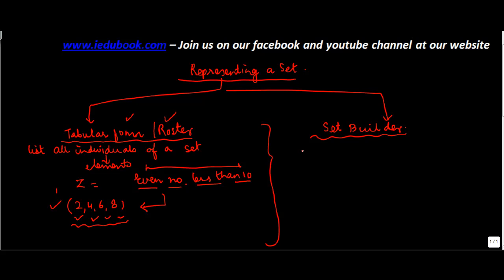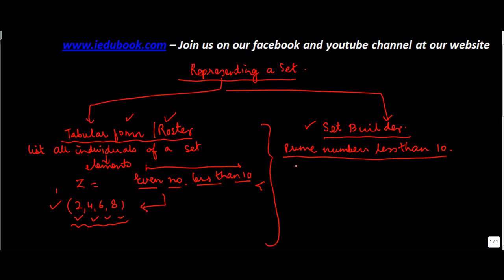Let me take an example. In a set builder form, let's take an example: prime numbers less than 10.